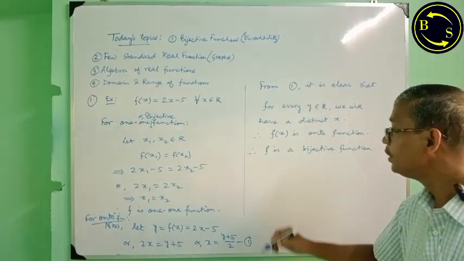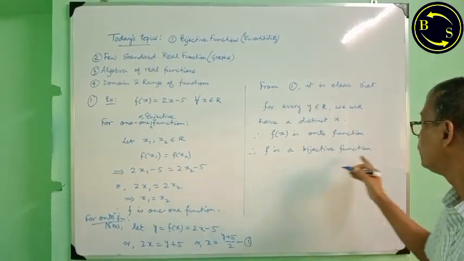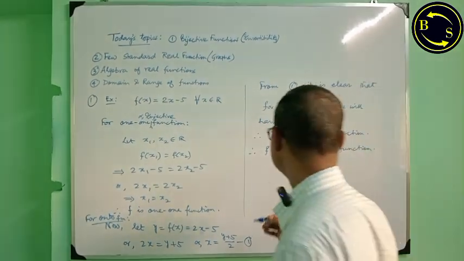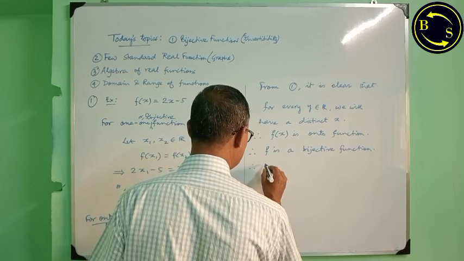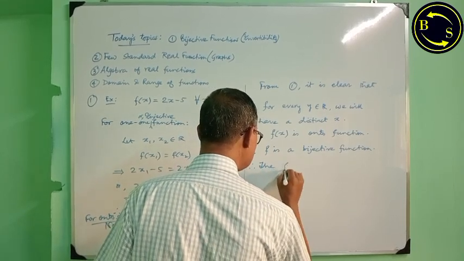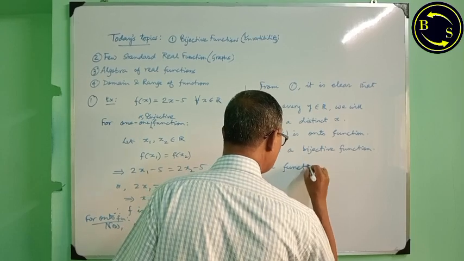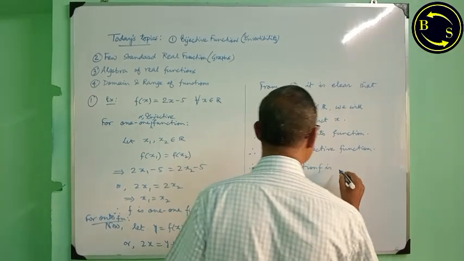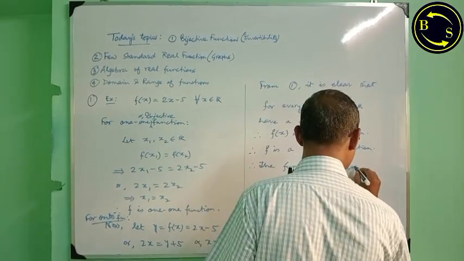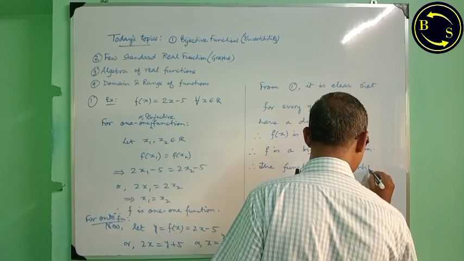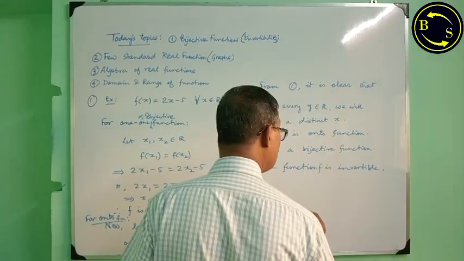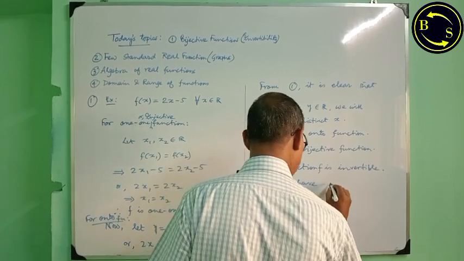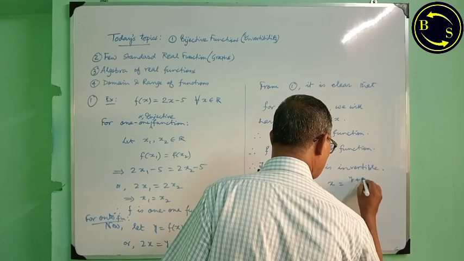In the first part, we have shown f is a bijective function. Then according to the discussion, we can say therefore the function f is invertible. We have x equal to (y plus 5) by 2.